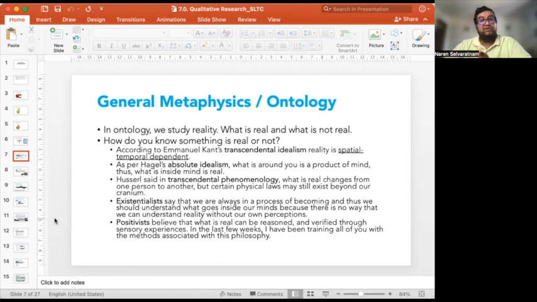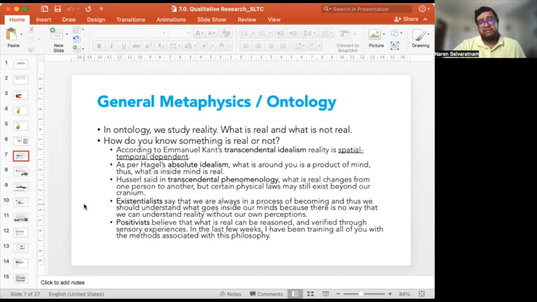And it doesn't stop there. What Husserl started was later developed into existentialism, where they say we are always in the process of becoming. I want to become a doctor. I want to become a particular person. I want to do these studies so that I could become someone. So we are always in a process of becoming, and thus we should understand what goes on inside our minds, because there is no way that we can understand reality without our own perceptions.